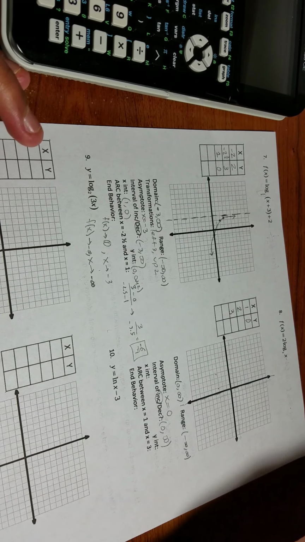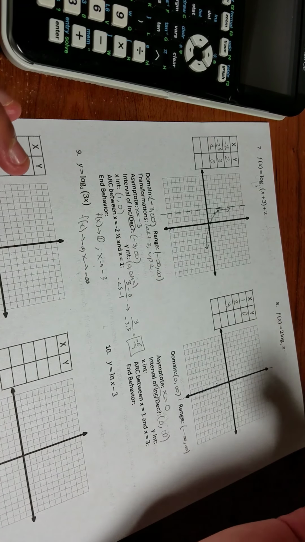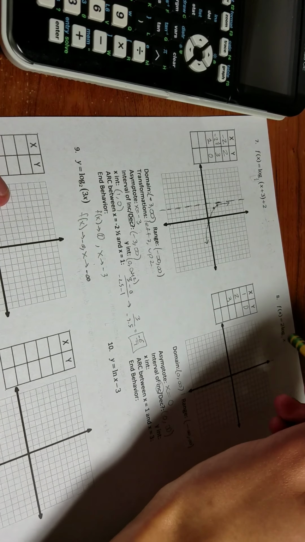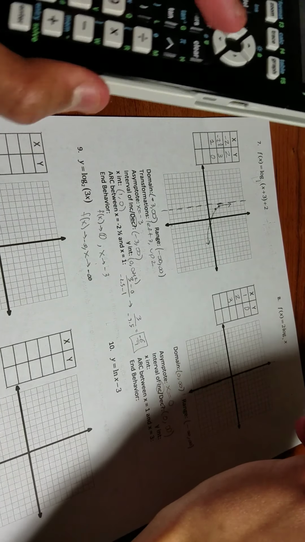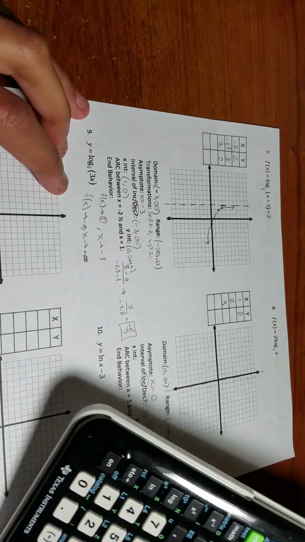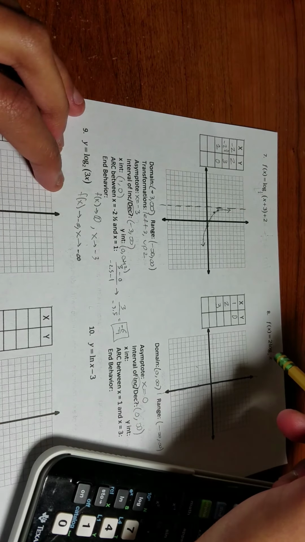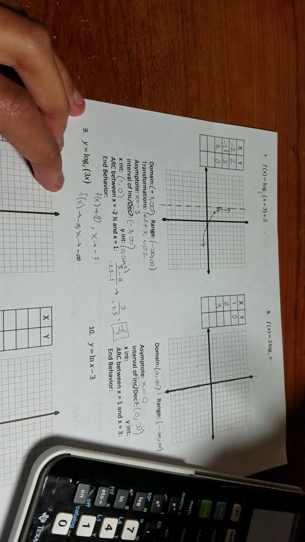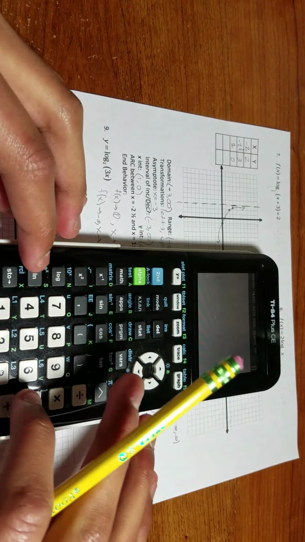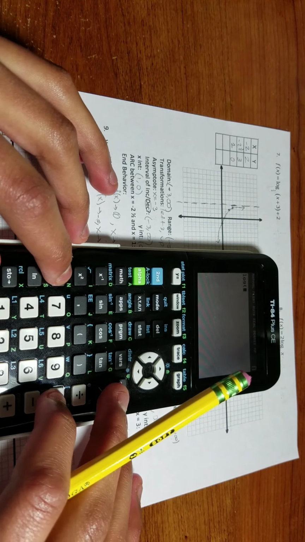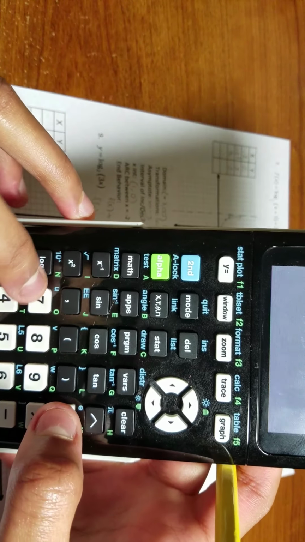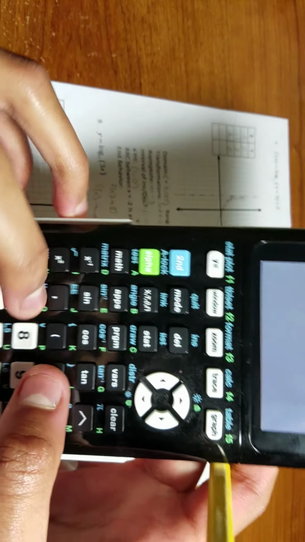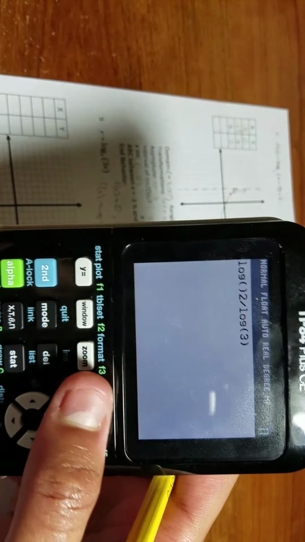Now, if you're having trouble and you can't find it because it's just that odd number, you can always use your calculator and use that base change. So I'm just going to do that. So what you have here is you use log 2 over log 3. Oh shoot, I messed up.